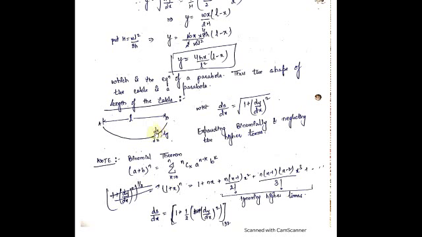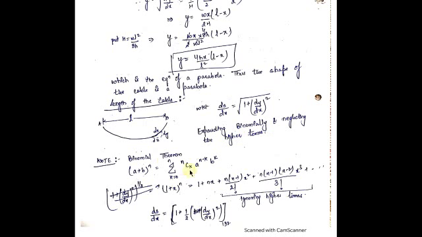Suppose this ds length of the cable is making an x intercept of dx and y intercept of dy. You must have studied in maths that ds upon dx equal to under root 1 plus dy by dx whole square. Now we will expand this term binomially, neglecting the higher terms.